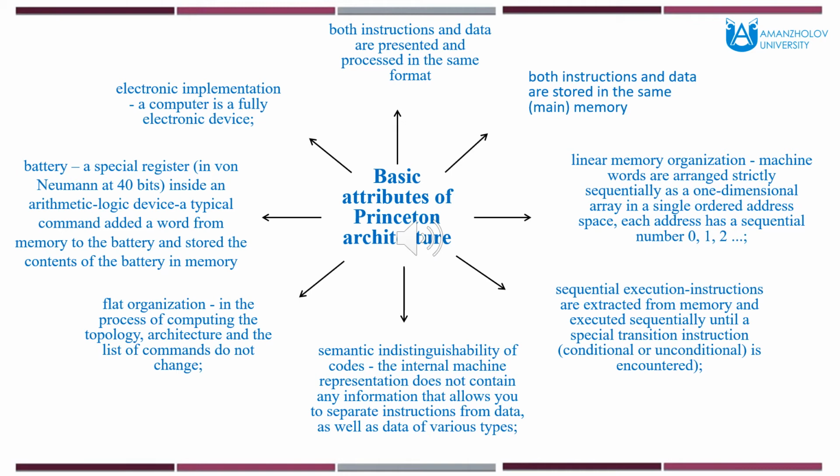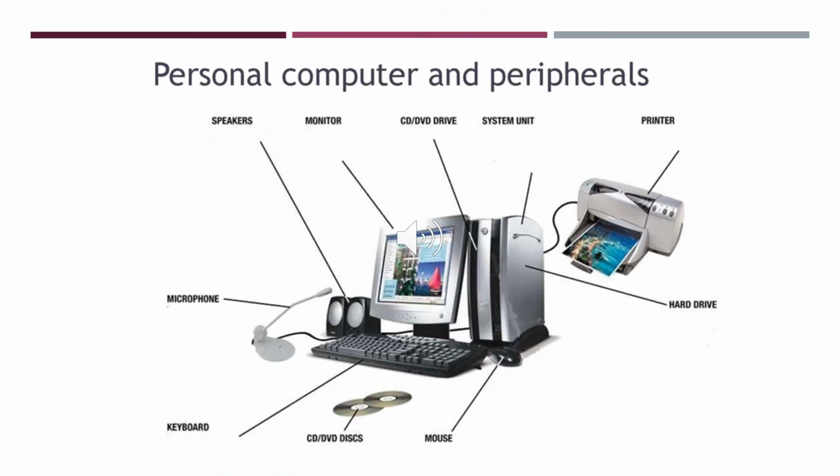Accumulator: a special register in von Neumann's architecture. Inside an arithmetic logic device, a typical command added a word from memory to the accumulator and stored the contents of the accumulator in memory. Electronic implementation. A computer is a fully electronic device.